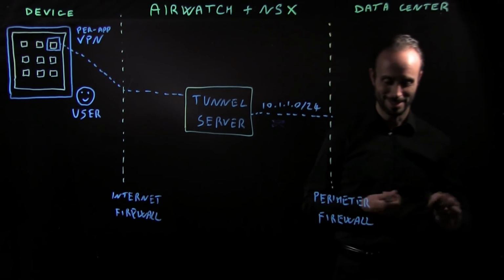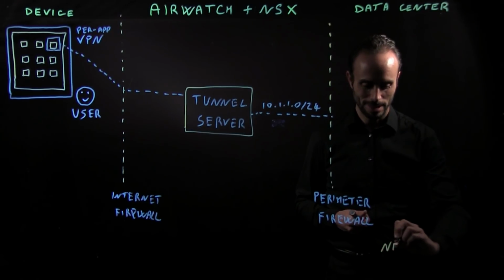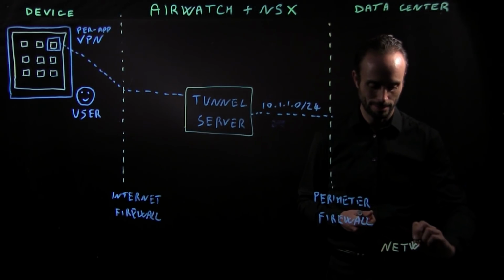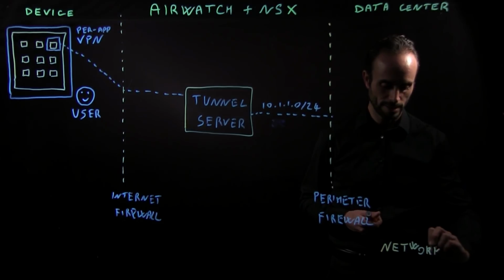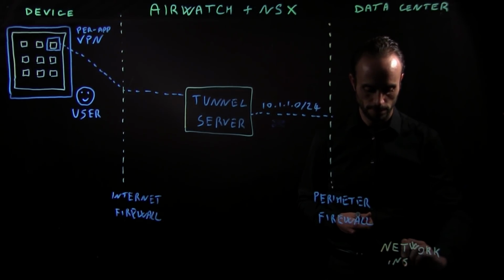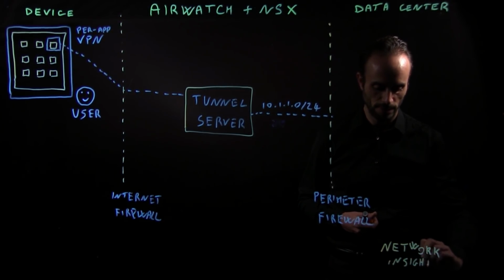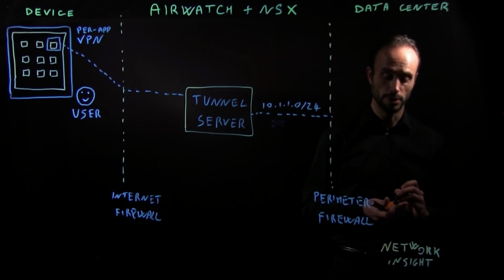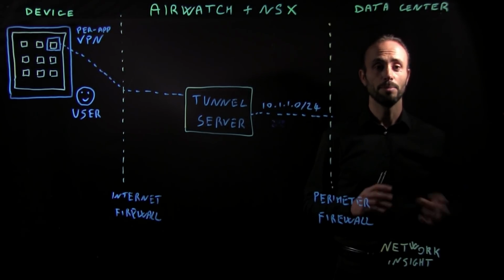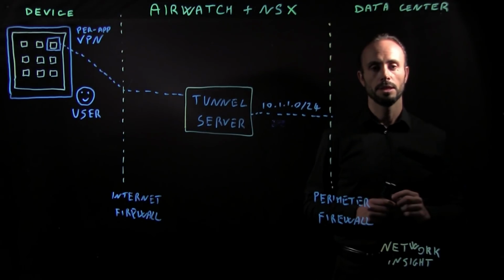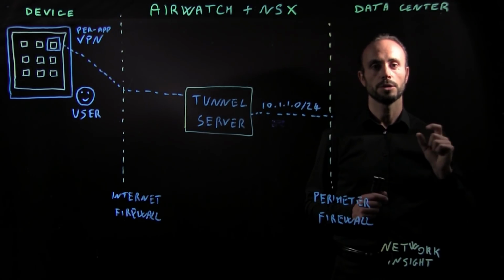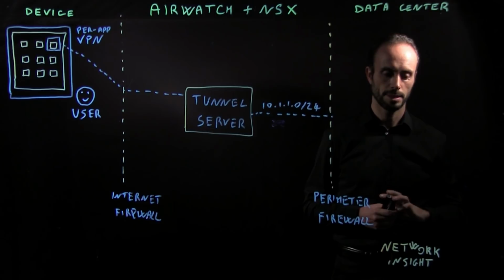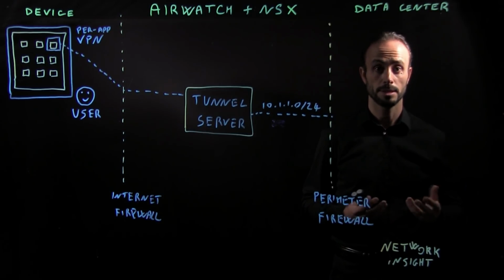It's called Network Insight. Network Insight is a platform that collects all the information through IPFIX coming from the virtual distributed switch of the vCenter, and builds maps of connections or communications between different logical constructs inside the data center.